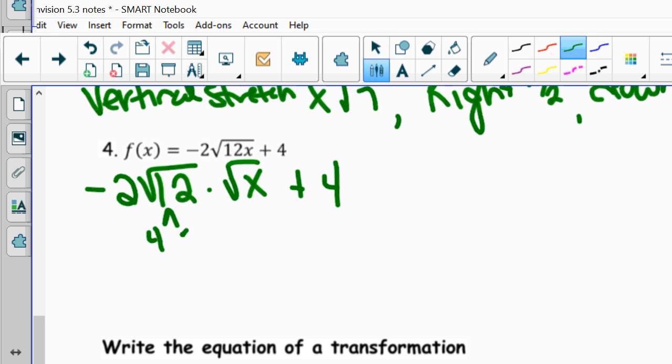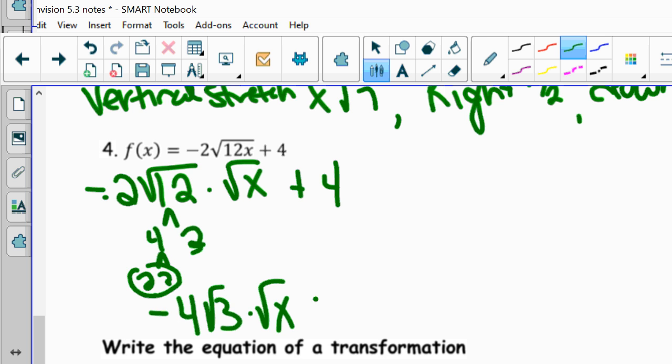That's 4 and 3, or 2 and 2. So I know I have a pair of 2's that come out. So really, this is 2 times negative 2. I have a negative 4. I have a square root of 3 left, times the square root of x, all of that plus 4. So I can say that that's what f of x is equal to.